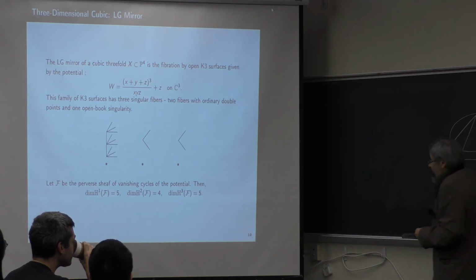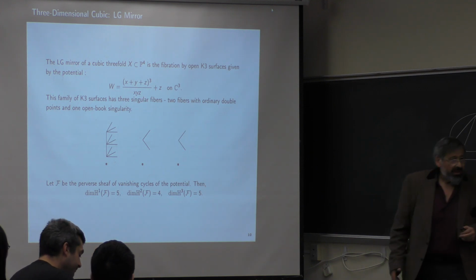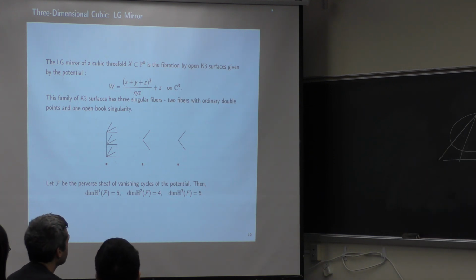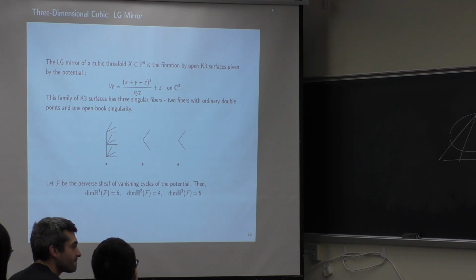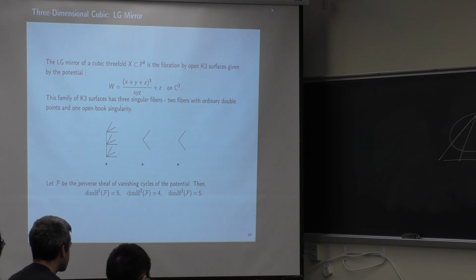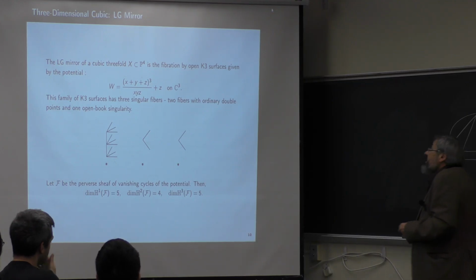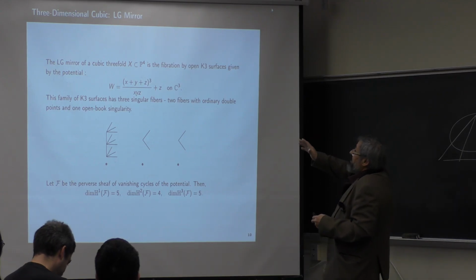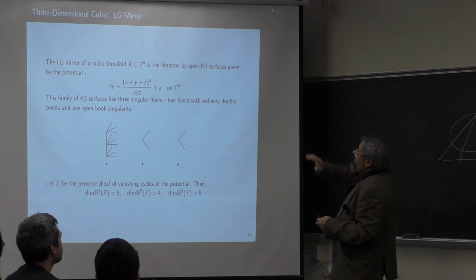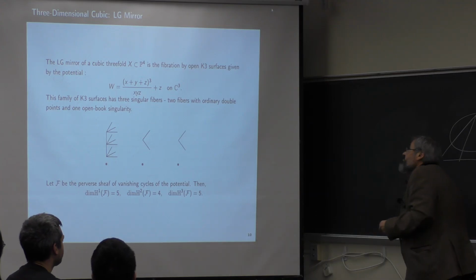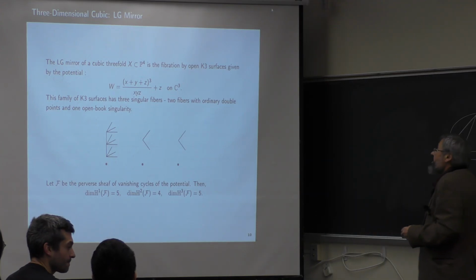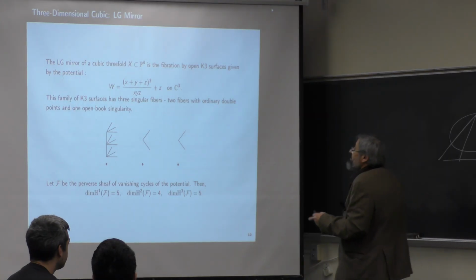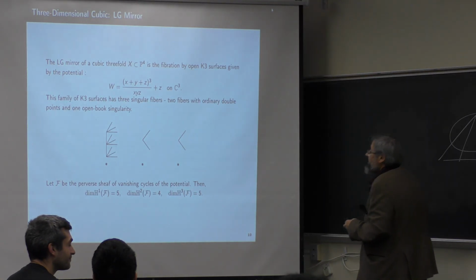So let's spend a little bit of time looking at our other favorite example, and that is the example of the three-dimensional cubic, the one that was studied by Clemens and Griffiths. In this case, the manifold on the so-called A side is C3, and then we have the function x plus y plus z plus 1 over xyz on this manifold C3.